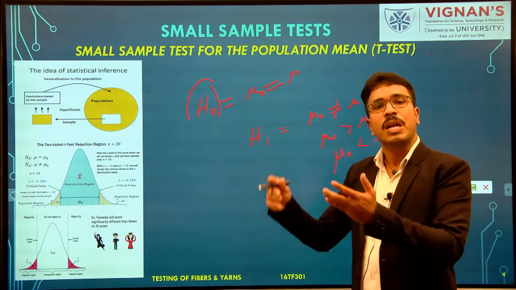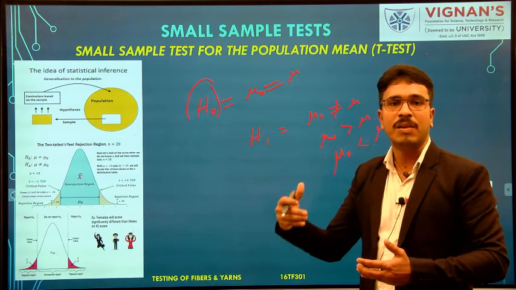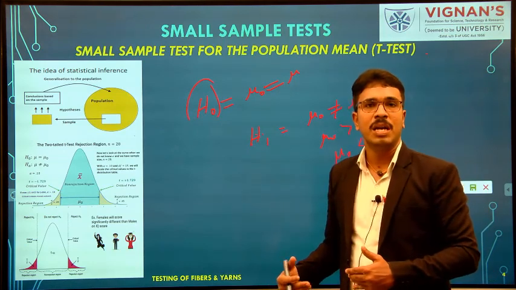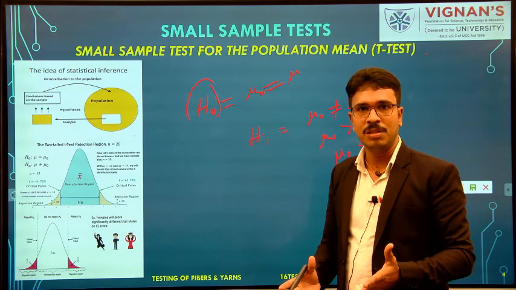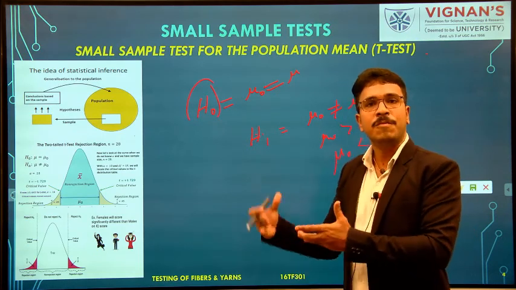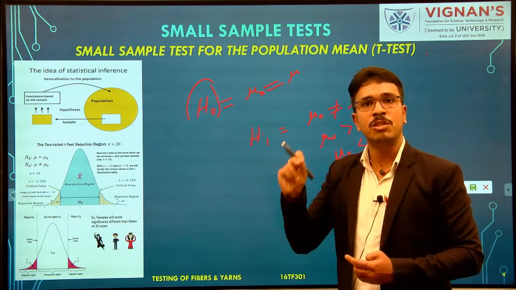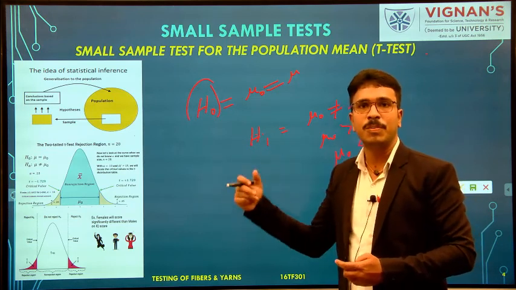Understand? So, likewise, we are going to set our assumptions, both null as well as alternative hypothesis, and after setting the assumptions, depending upon the information given in the problem about the population, we are going to choose the right test to proceed.